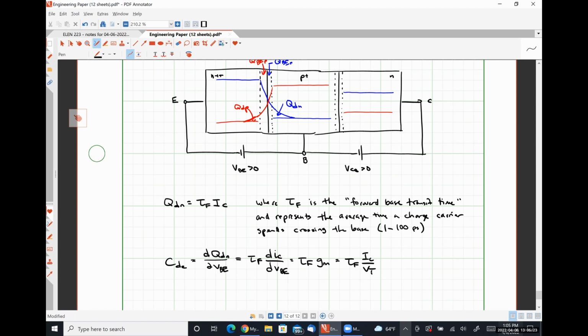So we are modeling the capacitance of this stored minority charge as CDE.